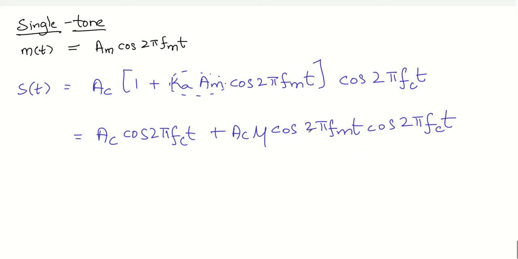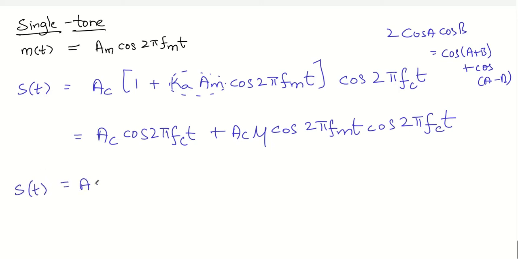Now we use the trigonometric identity: twice cos a cos b is nothing but cos of a plus b plus cos of a minus b. If we use this identity to simplify, we will get s of t is equal to Ac cos 2 pi fc t, which will remain as it is. Now we are just going to multiply and divide by 2 and then split them.